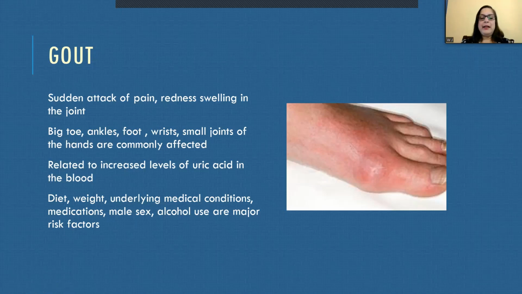Increasing weight, underlying medical conditions like diabetes also can increase the risk of gout. Medications like diuretics, that is water pills, can predispose to gout. Male sex, alcohol use, especially beer, are risk factors for predisposing to a gout attack.